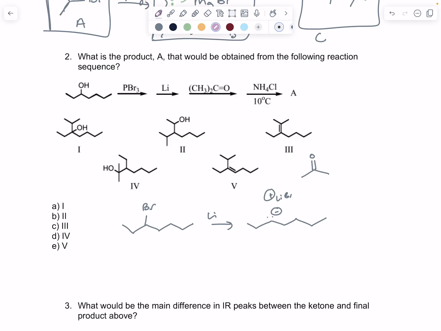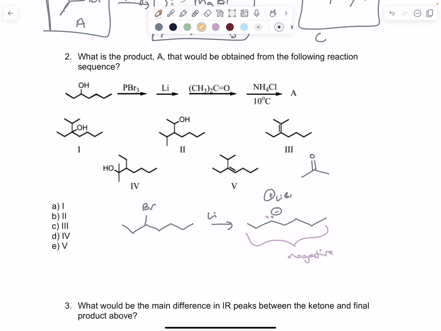And then we add the acetone, and a lot of people got stuck here. But before I draw the arrow, I'll say we have something negative over here. If we have this negative thing, usually it's looking for something positive to react with.